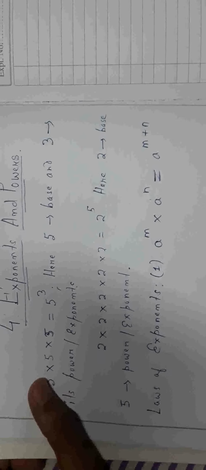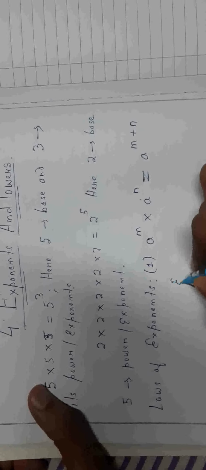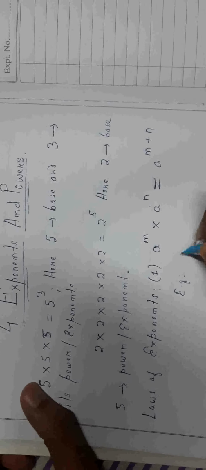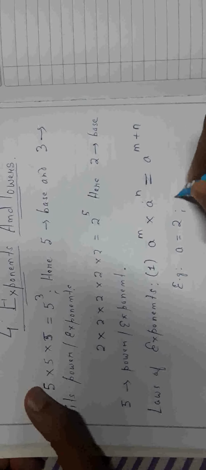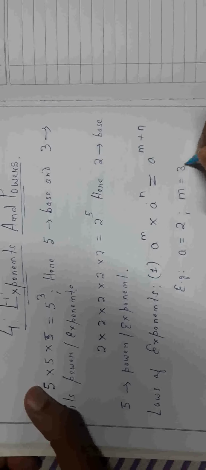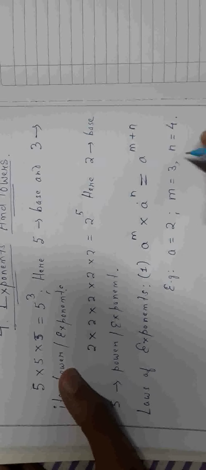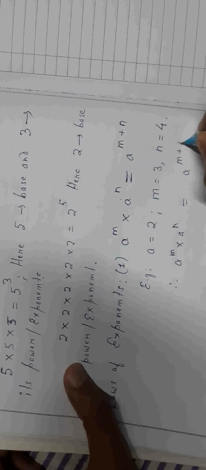To be more clear, let us see an example. If you take a as 2, m as 3, n as 4, what we get here is that a to the power m into a to the power n is equal to a to the power m plus n.